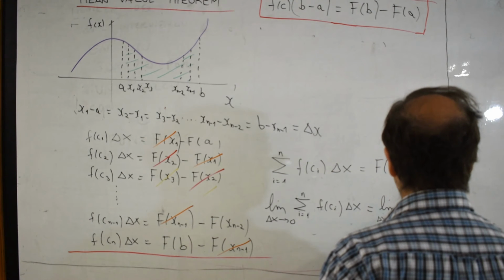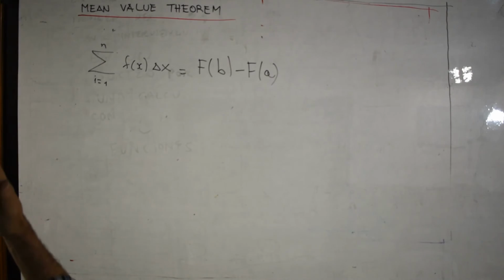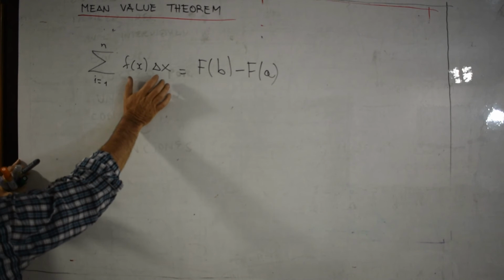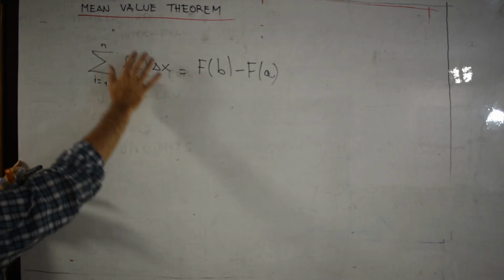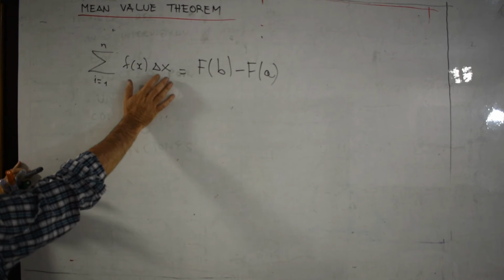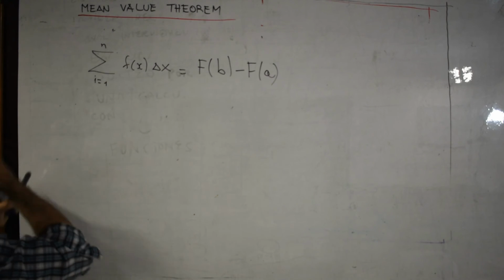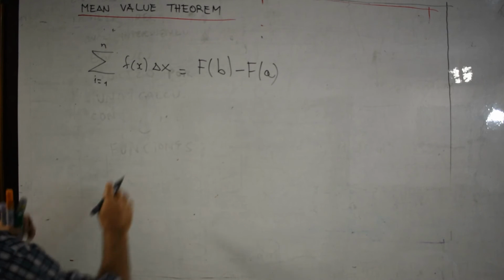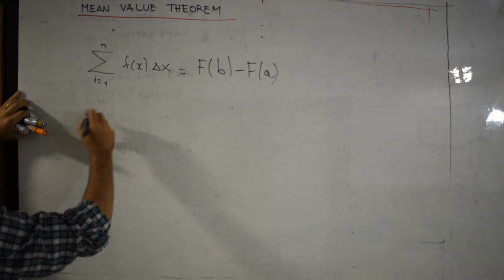Let's write it for the sake of notation. This is the area of one rectangle, and the summation of all the rectangles is the area that is painted, that we wanted to find. And so, to find exactly the area, we have to put the limit when delta x tends to 0.